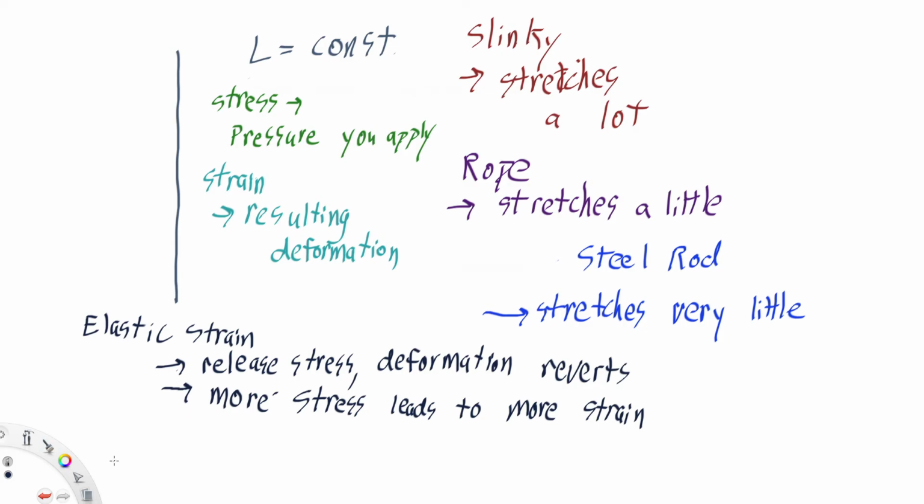The other kind of strain that we observe is plastic strain. And plastic strain does not revert. So you notice when we were watching the hydraulic press, when he squished the copper cylinder, it stayed squished even when the press was removed from it.